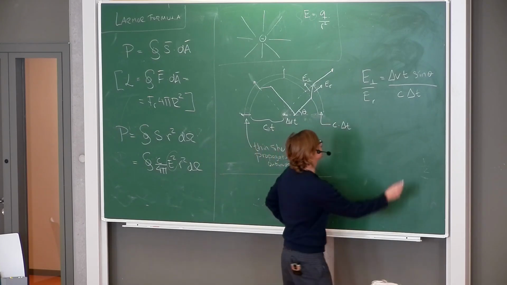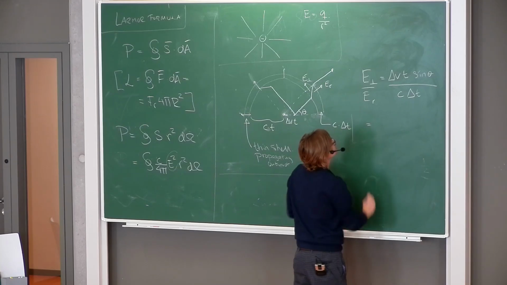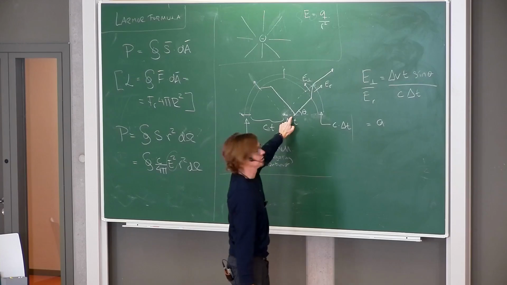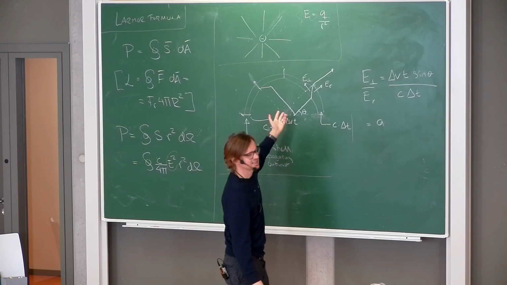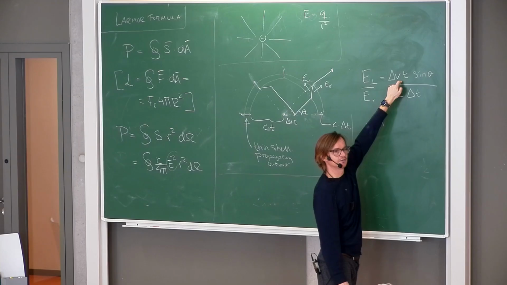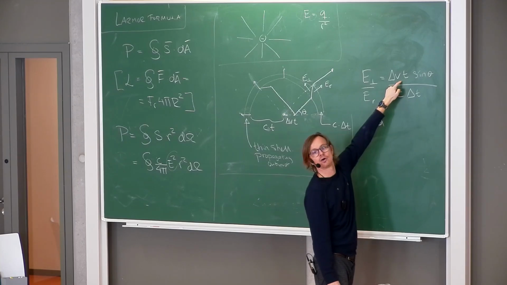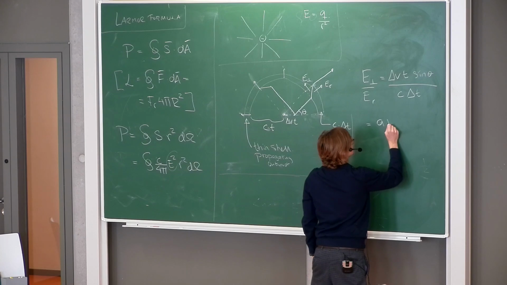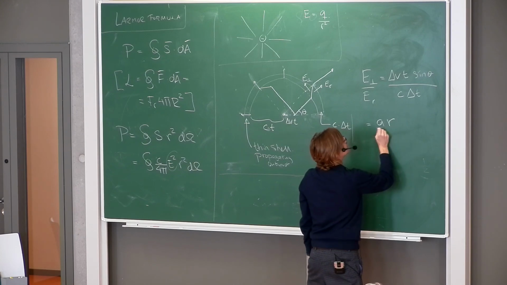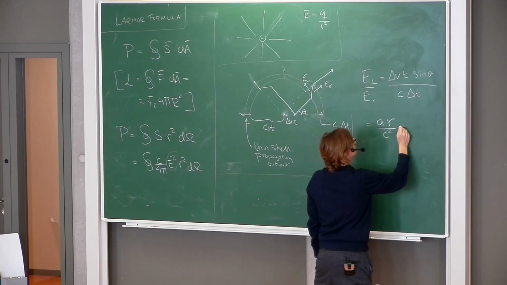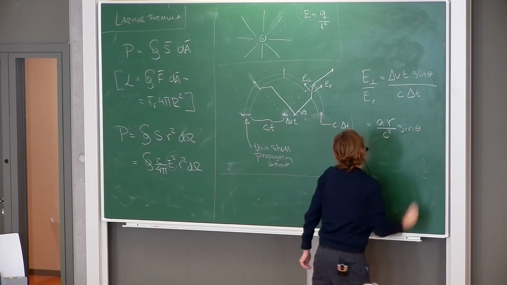Now this, we can also write as the acceleration of, in this case, the electron, times t, but that's a little bit inconvenient, so we're just going to replace that by r divided by c. That's just the speed. So this is just r divided by c squared, and then we have the sine theta.